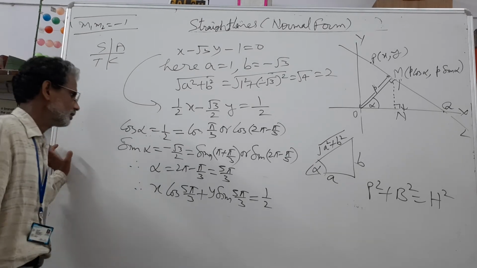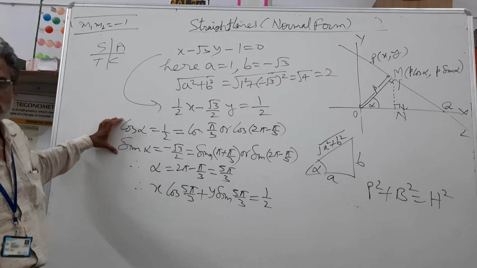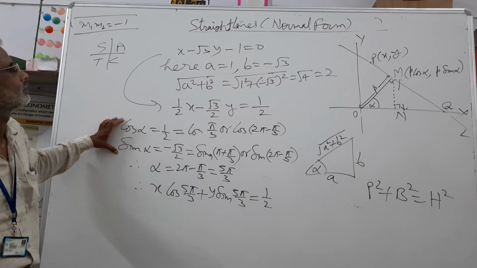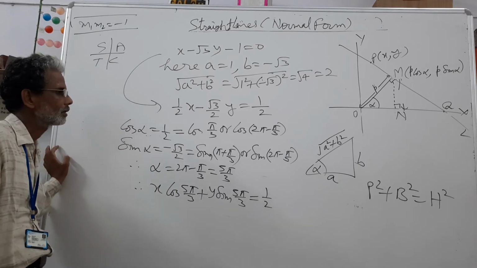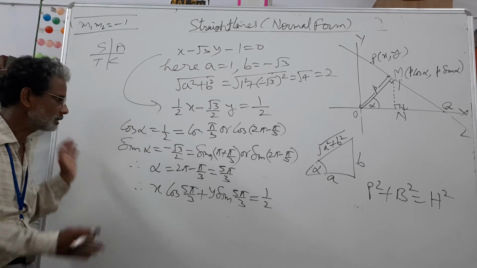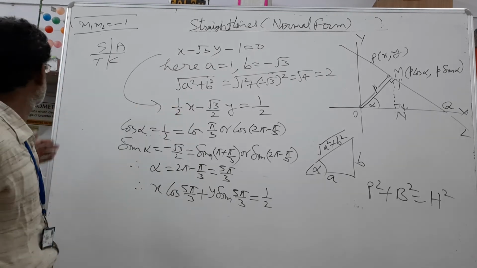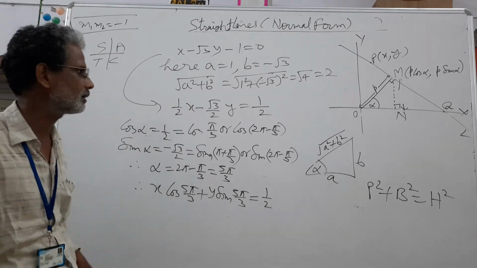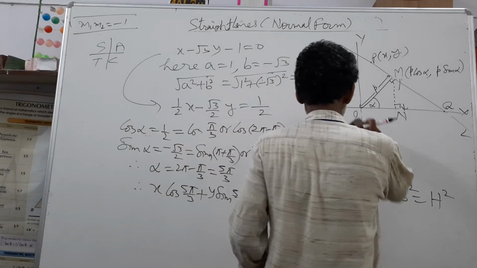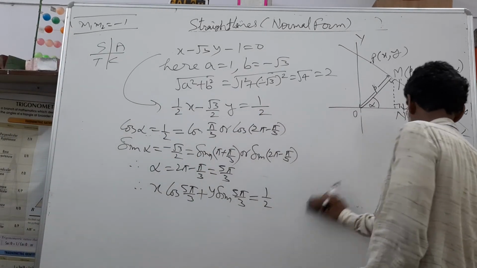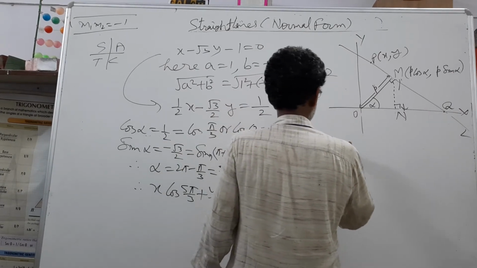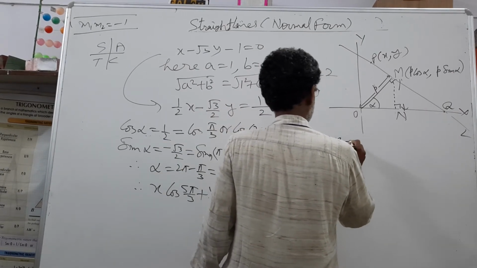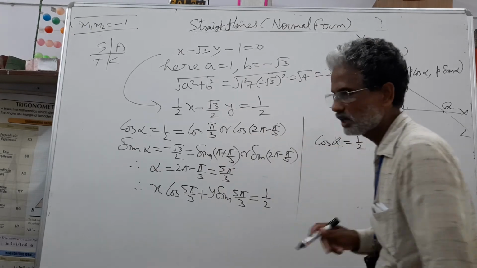If you have some problem at this stage, watch the videos related to trigonometry again. Otherwise, I will explain in short again here. Cos alpha is equal to half, positive value.